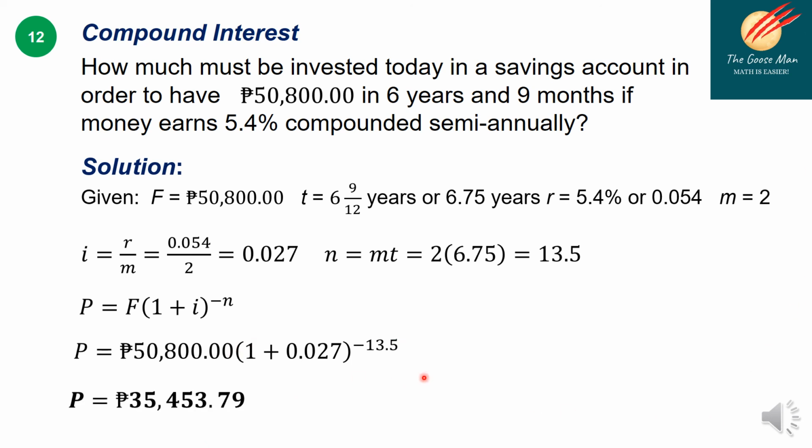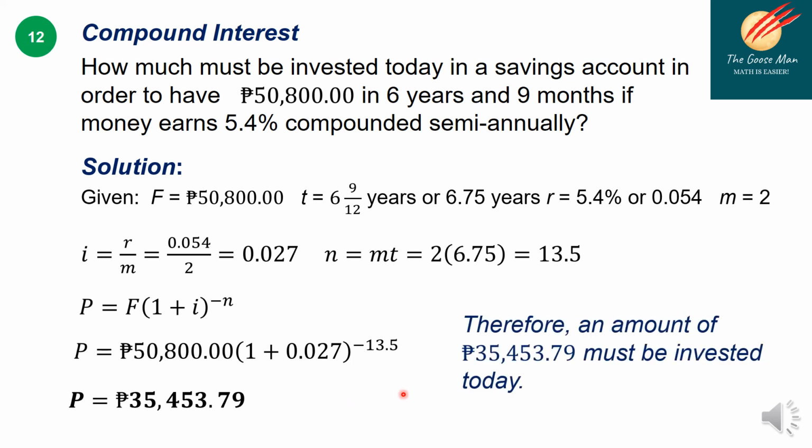So the present value is equal to 35,453.79 pesos. Therefore, the amount of 35,453.79 pesos must be invested today in order to come up with a future value of 50,800 pesos. So that ends our discussion for today.